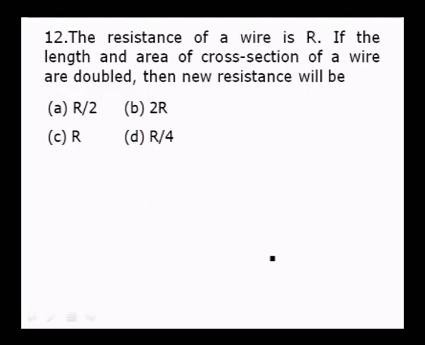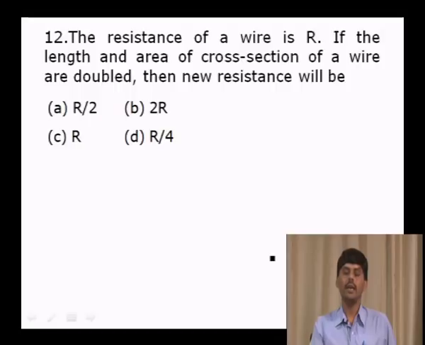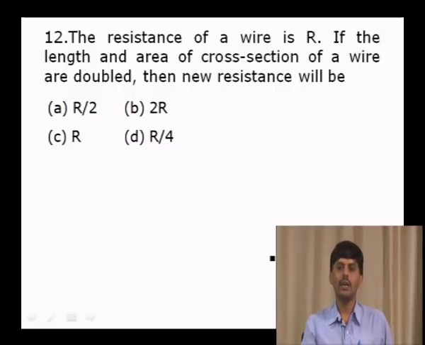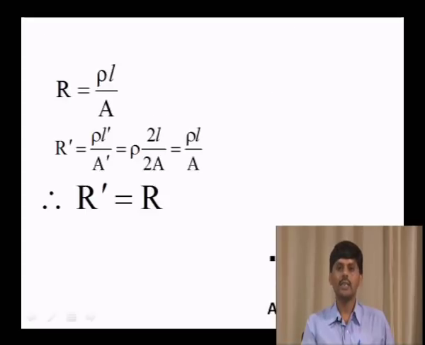Question number 12. The resistance of the wire is R. If the length and area of cross section of the wire are doubled, then the new resistance will be: A R by 2, B 2R, C R, D R by 2. For this, we have a relation between length, area and resistivity. Resistance is directly proportional to length, inversely proportional to area, and rho is the resistivity of the material. The resistivity of the material does not depend on the dimension, so it remains rho, with no change in value.